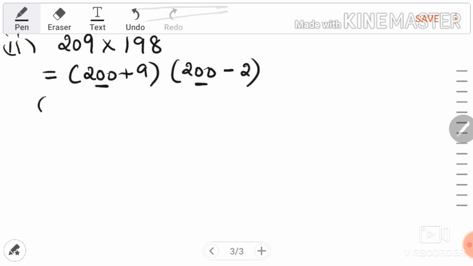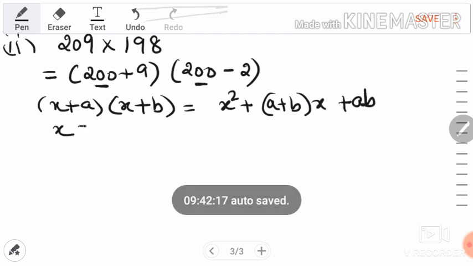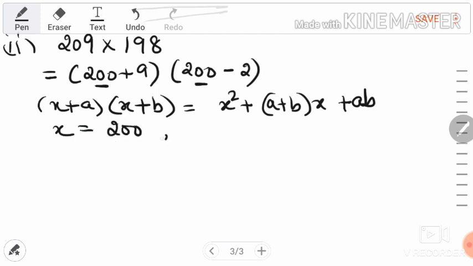So we use the identity (x plus a) into (x plus b) equal to x square plus (a plus b) times x plus ab. In this problem, x is equal to 200, a is equal to 9 and b is equal to minus 2.